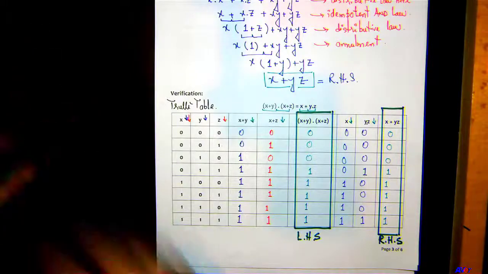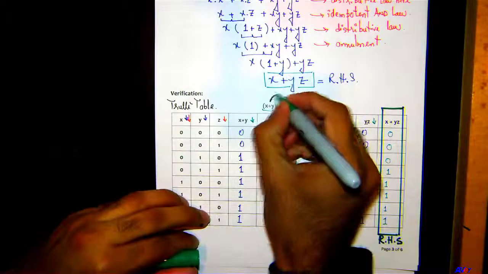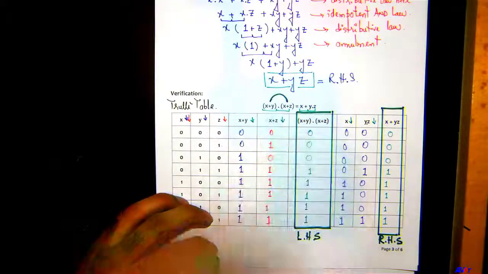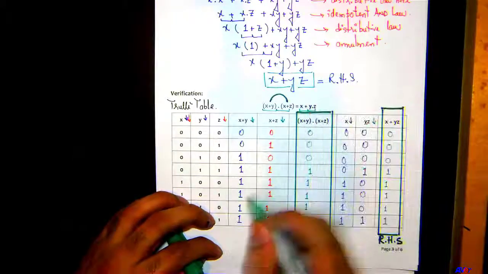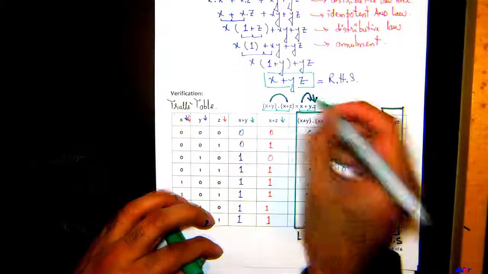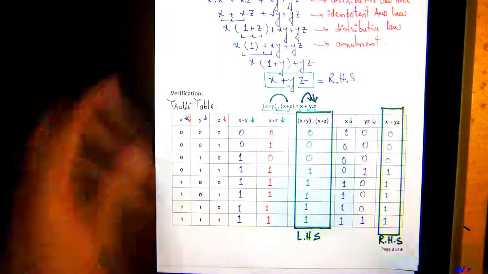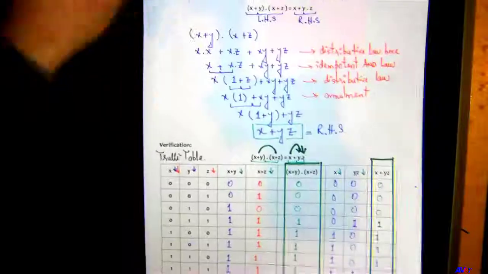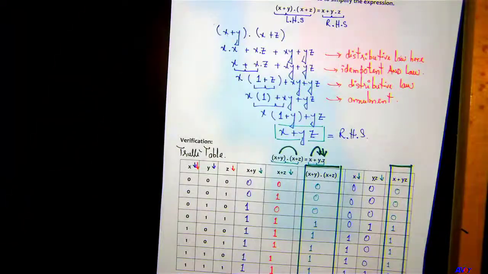So in the left hand side you would need 2 ORs to make this, and then 1 AND gate to connect these two, right? And in the right hand side equation you need 1 AND, and then you need 1 OR to connect these two, right? That's what our next goal is, to design a logic circuit using these equations. So moving on to the next page.